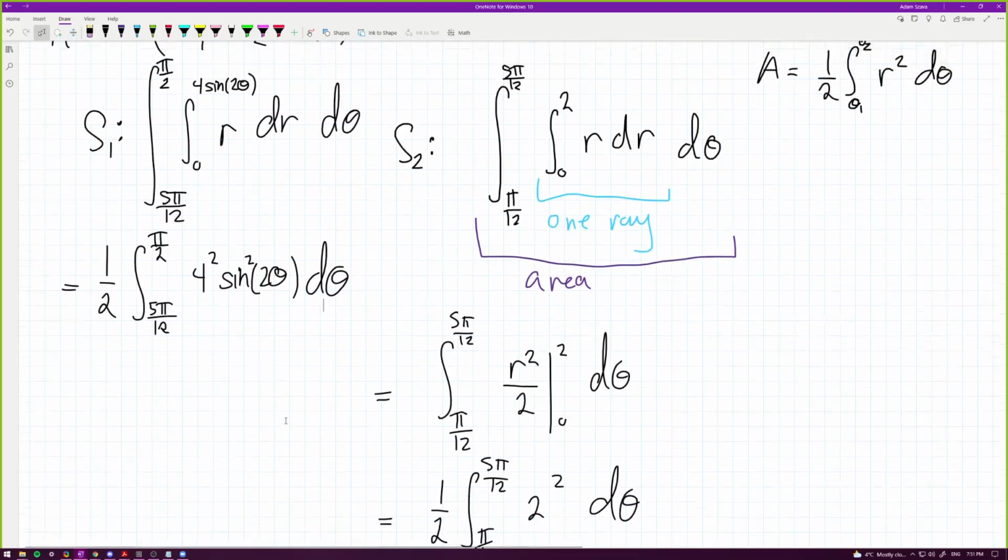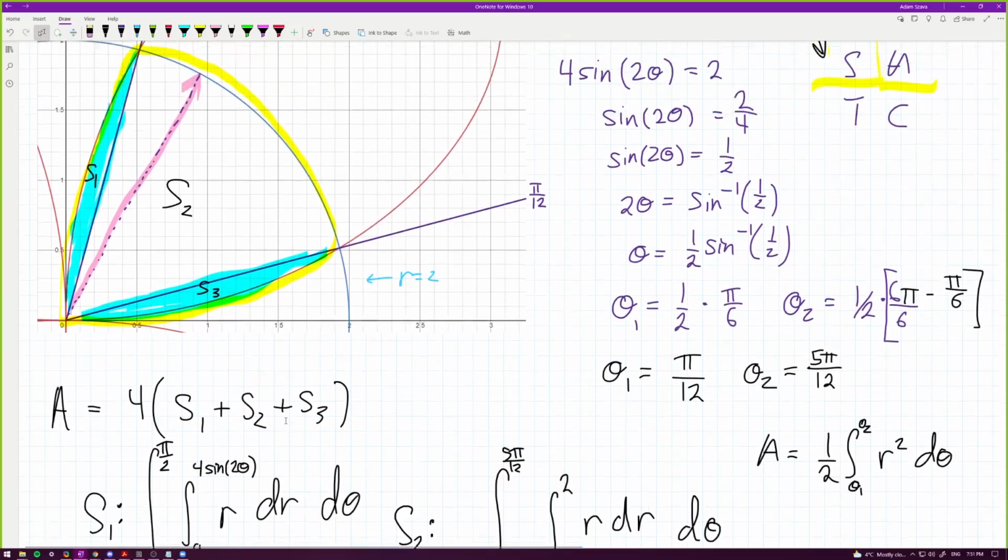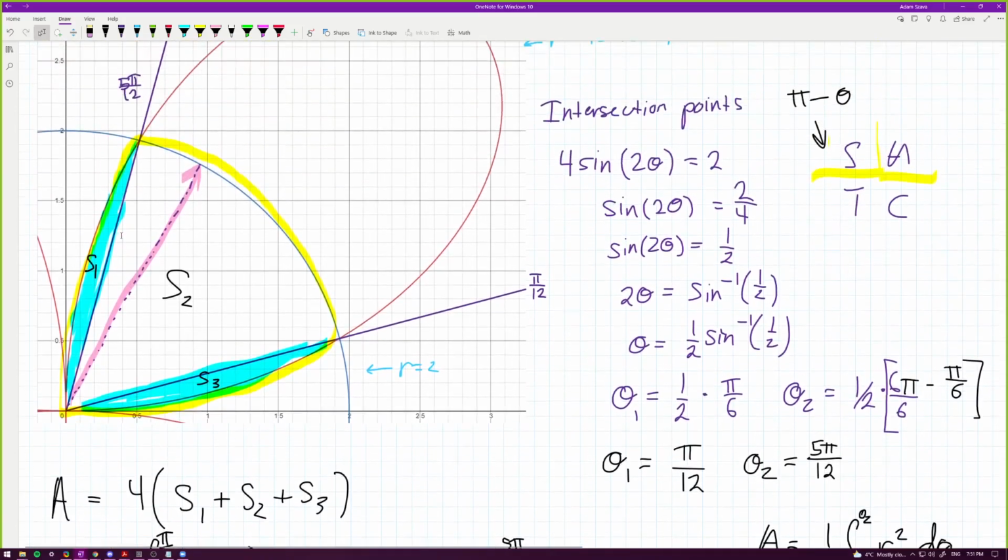Why would we go beyond the upper boundary of the curve? What do you mean the upper boundary of the curve? At first, I thought you were solving from the line that's at 5 pi over 12 to the red petal, like the line outside. But then you said you're going to pi over 2. So are we trying to solve for S1? Why are we going beyond the upper boundary?